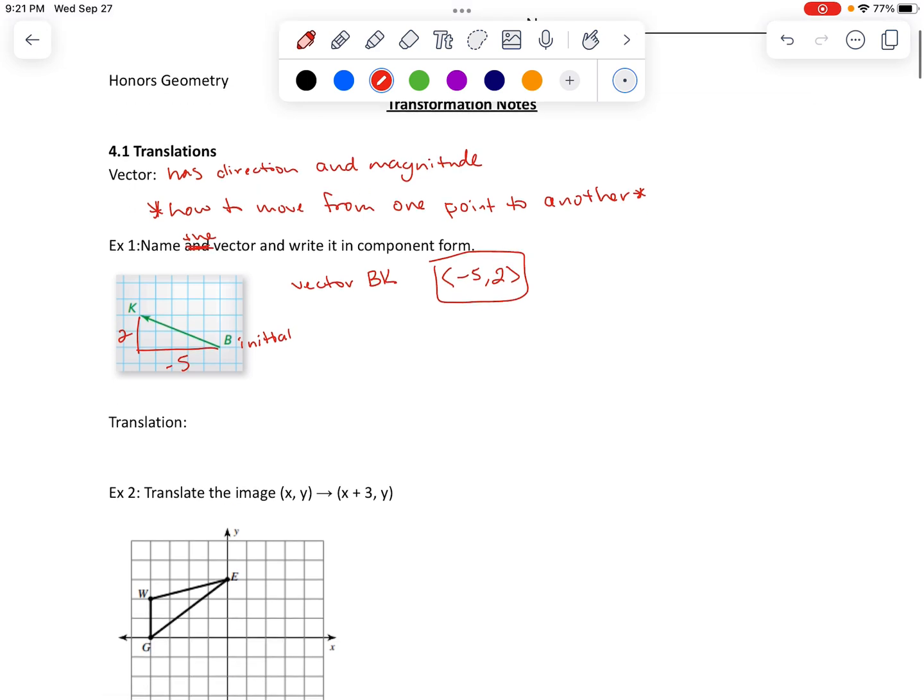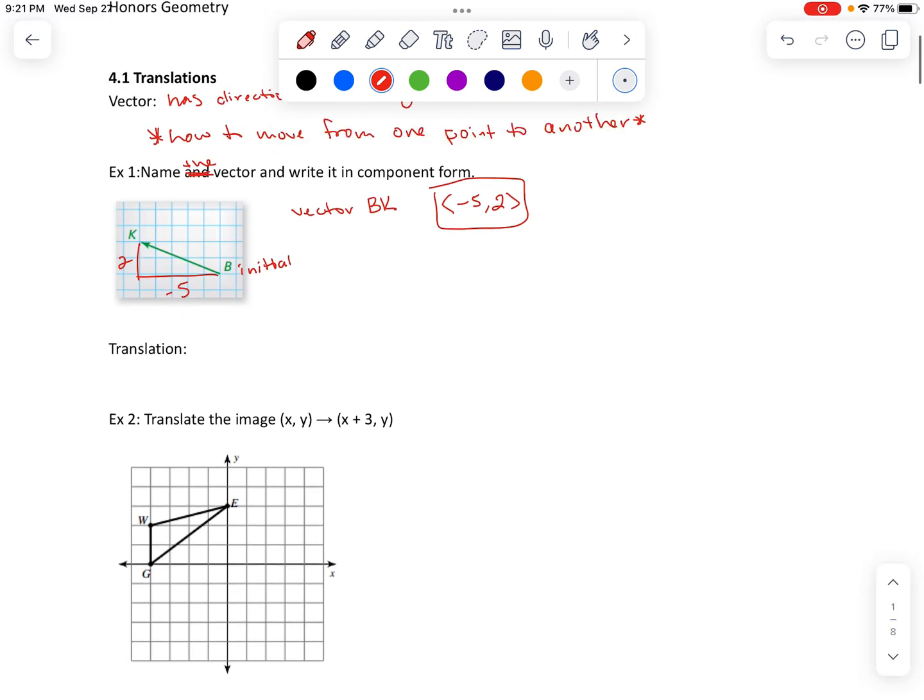Okay. A translation. You could think of it as a slide of an image. Okay, once again, I always think it's easier if you talk about an example to understand the definitions. So if I'm looking at this, translate the image xy, so that triangle, into x plus 3y.